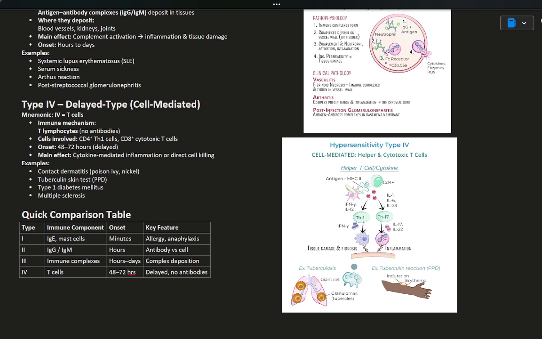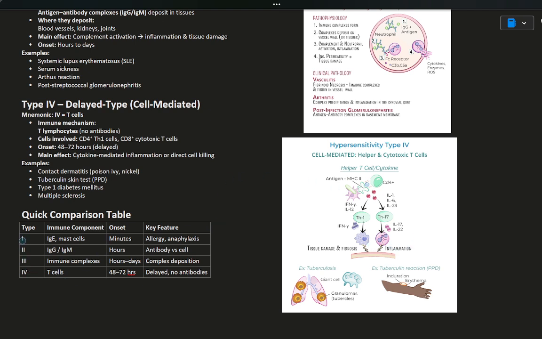And basically what ends up happening is you can have the formation of granulomas, such as in tuberculosis, and this is how the reaction will be induced in your tuberculosis skin test if the patient has been exposed to the Mycobacterium tuberculosis.